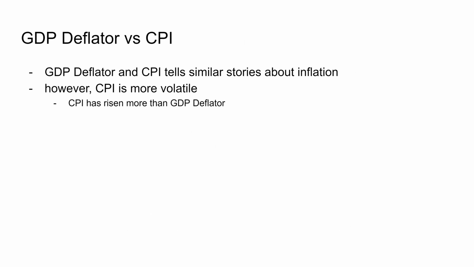And now we talk about GDP deflator versus CPI. Generally, both tell you the same thing. When there's inflation, both GDP deflator and CPI would rise. However, CPI can rise much more than GDP deflator, for reasons such as CPI measuring a smaller amount of goods and services, because again, it's a market basket. CPI is also influenced by imports, such as oil.